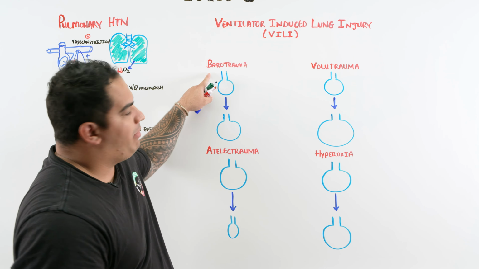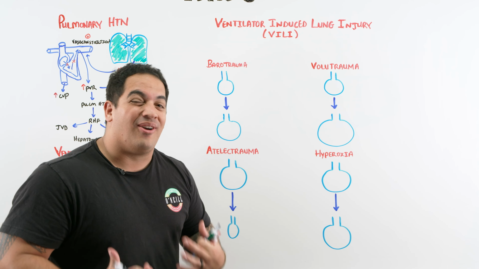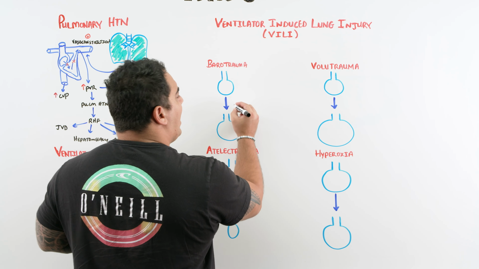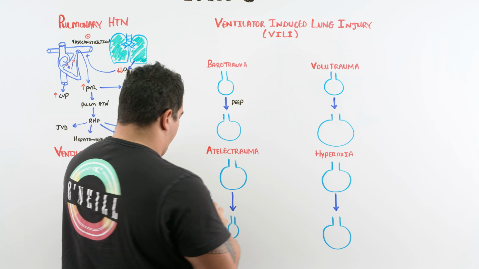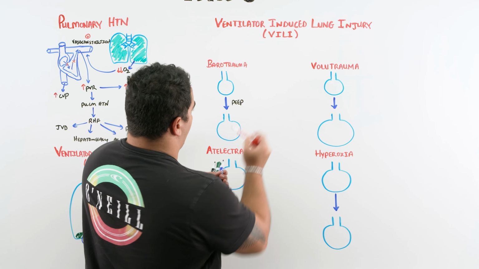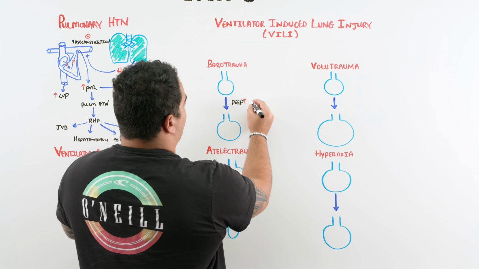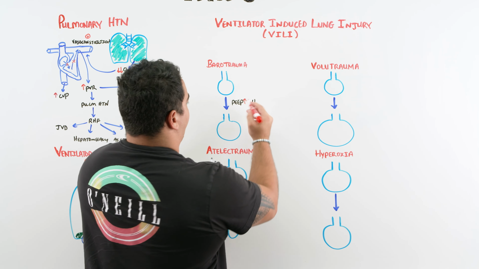But one of the biggest complications is that patients who have ARDS have very low lung compliance, and whenever we give them very high pressures, maybe in the form of PEEP, right? Whenever you increase the patient's PEEP maybe a little bit too much, and this is in a patient with decreased lung compliance.